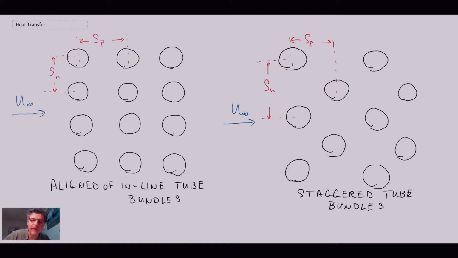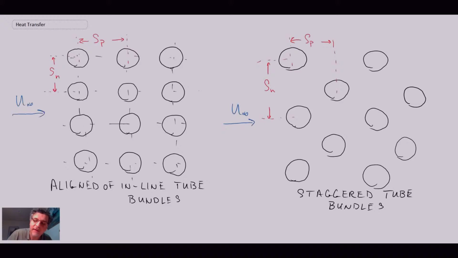Okay. So what we can see here, some of my tubes don't look that good. Let me redraw that one. Anyways, these are all supposed to be of the same diameter. But what we can see with the inline arrangement is that all of the tubes are organized in a nice pattern where they all line up with one another.